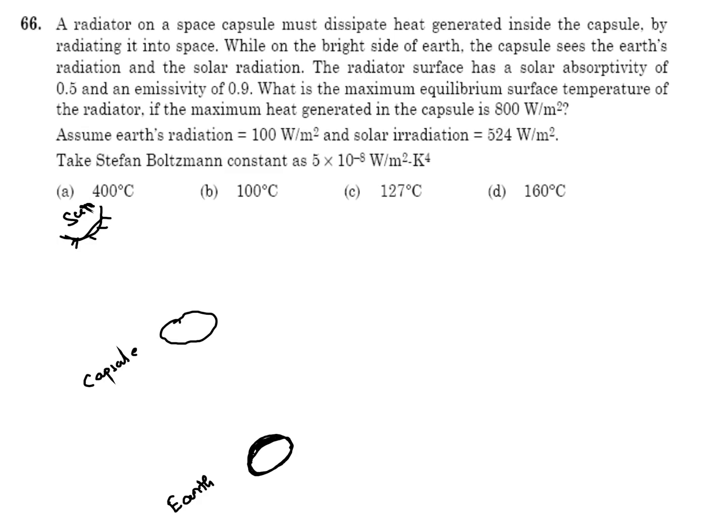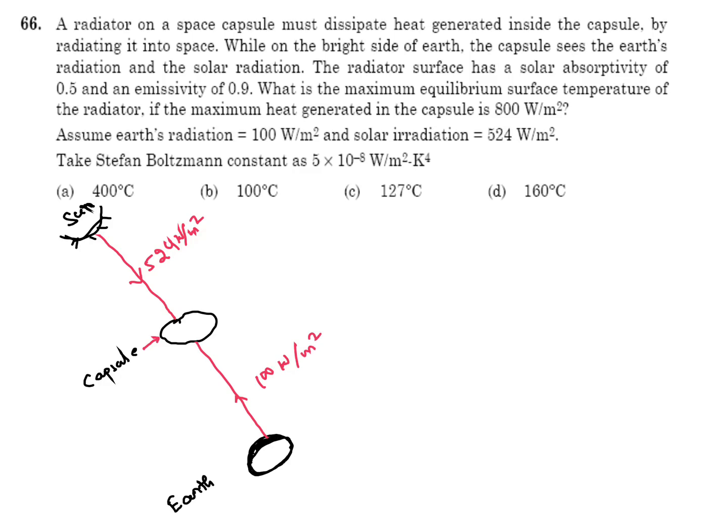Let this be the capsule, and solar irradiation is 524 watt per meter square, and from Earth's radiation it's getting 100 watt per meter square.